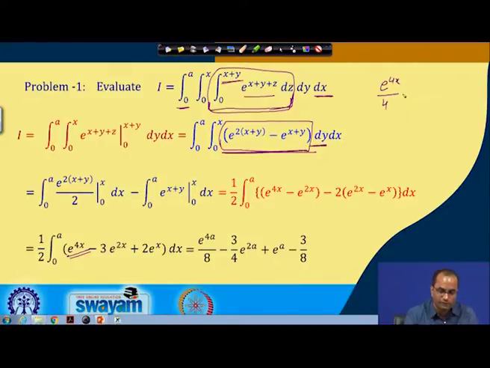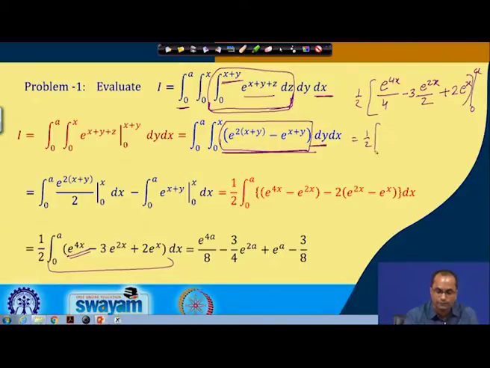The second one we have 3 e power 2x by 2, and here we have 2 and exponential x. Then we have the limit 0 to a, and this half factor is also sitting there. So, half.